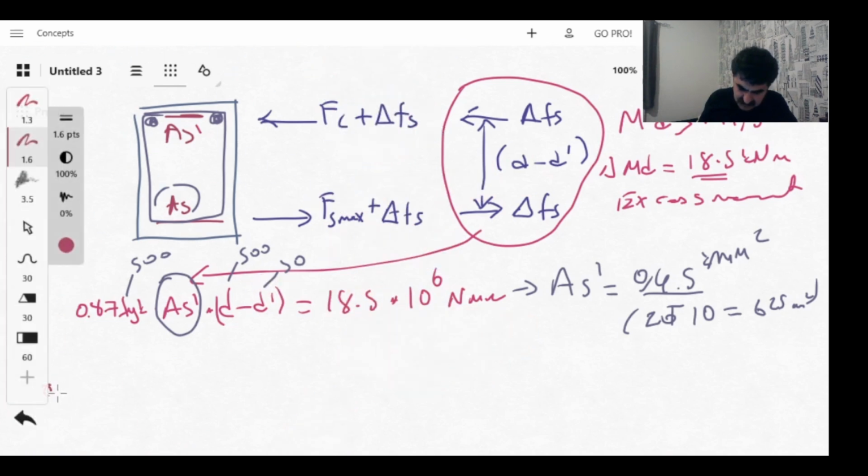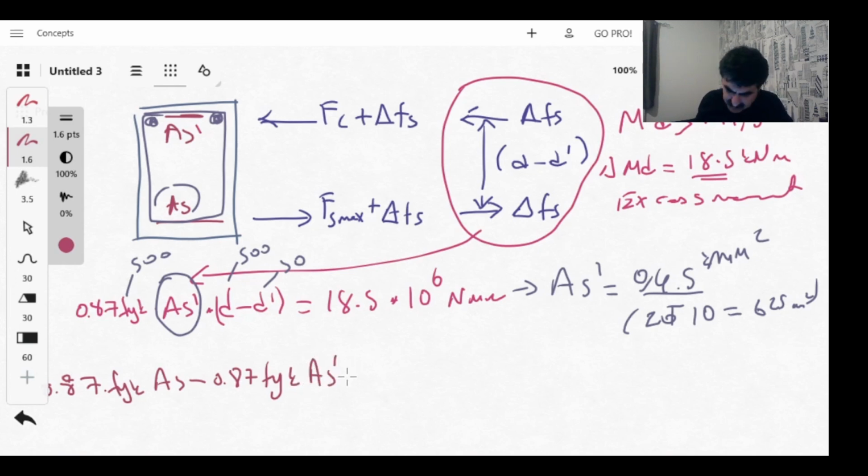So 0.87 multiplied by fyk multiplied by AS, and minus 0.87 fyk, it is in different directions, AS', minus 0.453 multiplied by fck and then multiplied by b multiplied by 0.45 d. This equals 0.